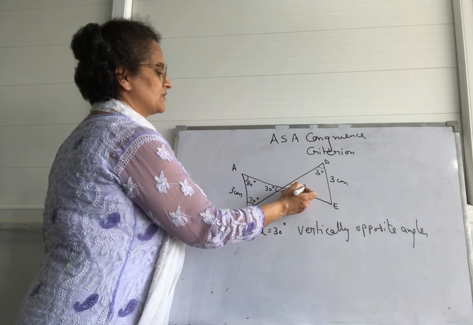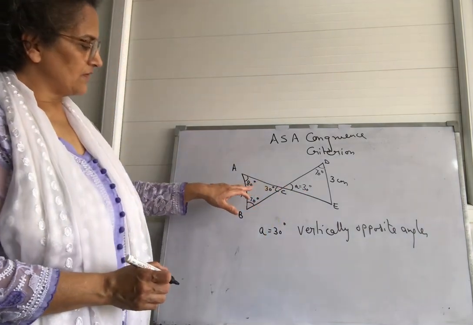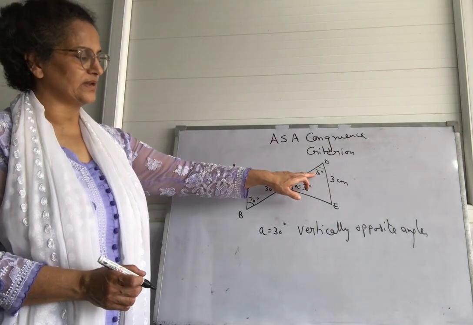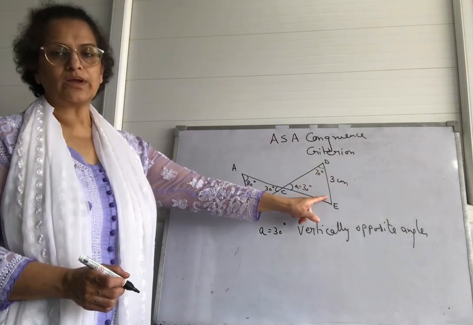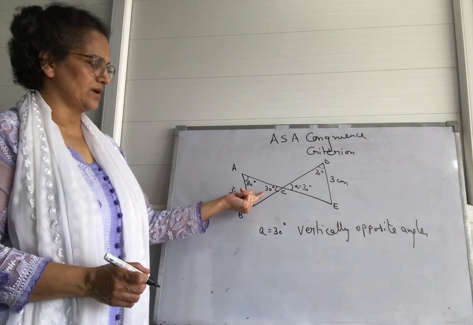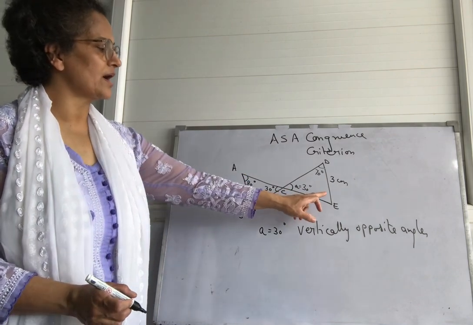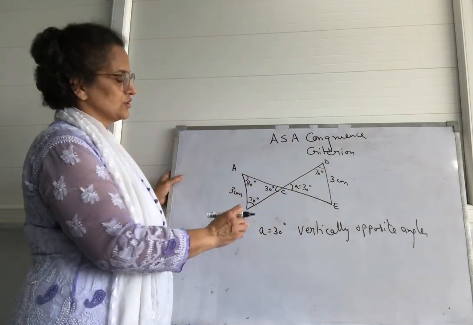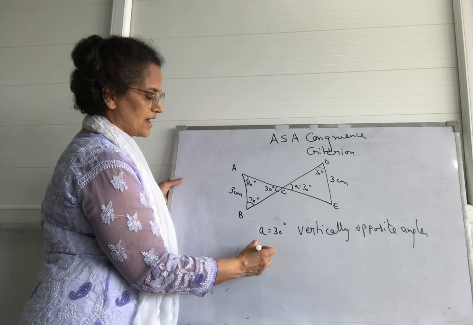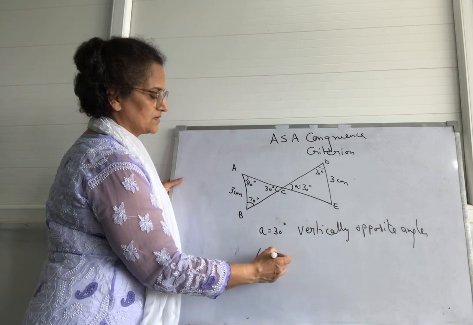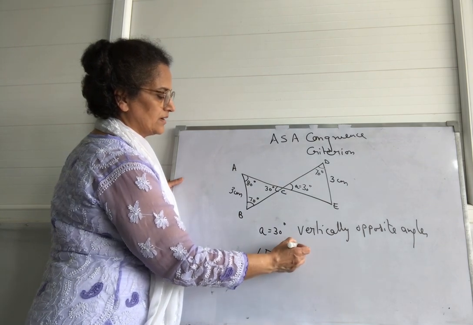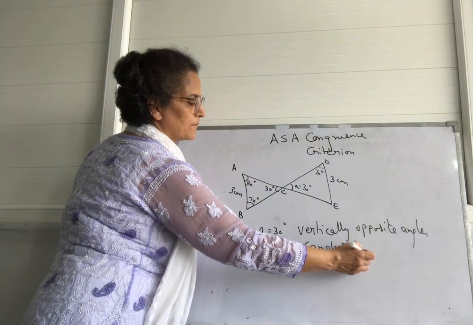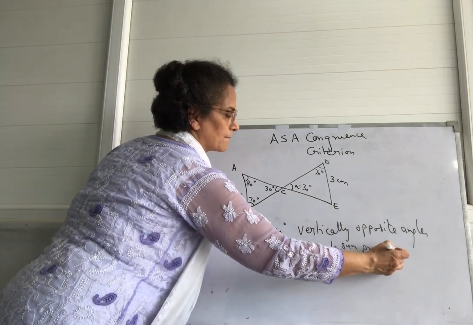So a becomes 30 degree, and the way we have found this angle, we can see two angles are 30 and 70. So the third will be 80. Similarly, the way we have done here. So we now have this angle, included side, and this angle. So you can write angle E is also 80 degree using angle sum property.